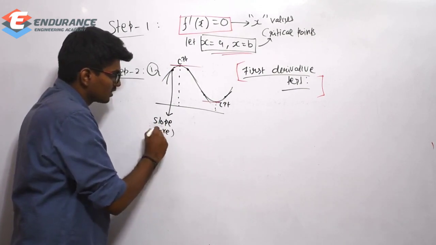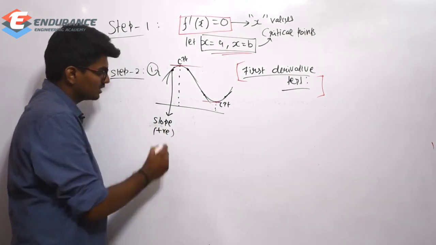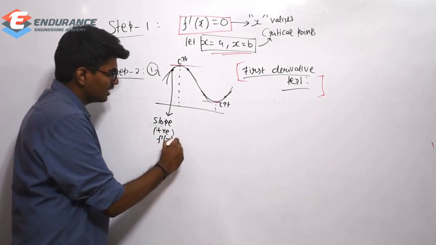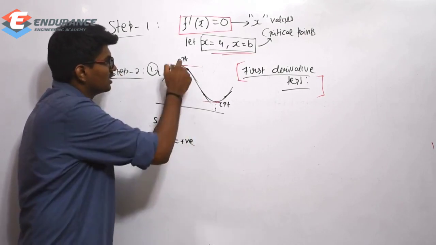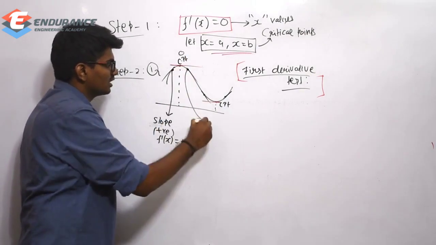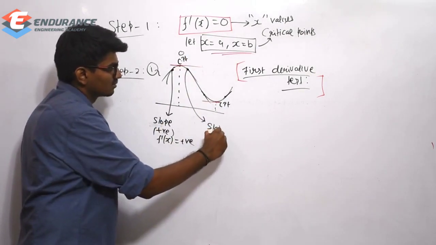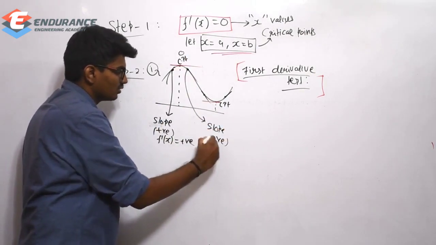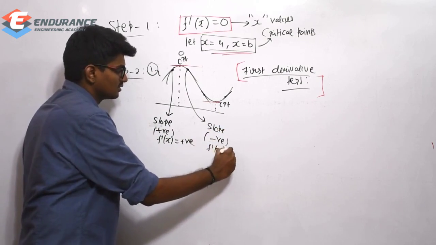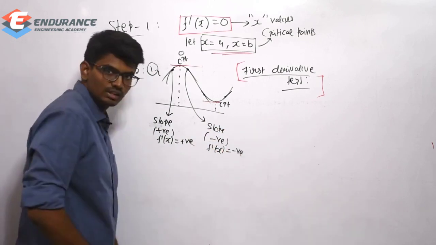If the slope is positive, it means f dash of x should be positive. Here the slope is becoming 0. Here the slope is negative, which means f dash of x is negative. Simple, that is what we need to find.